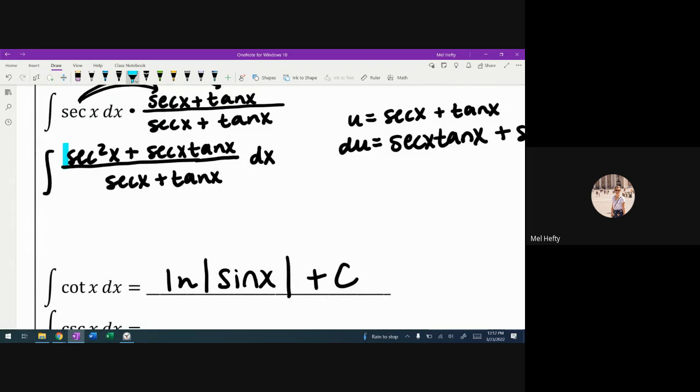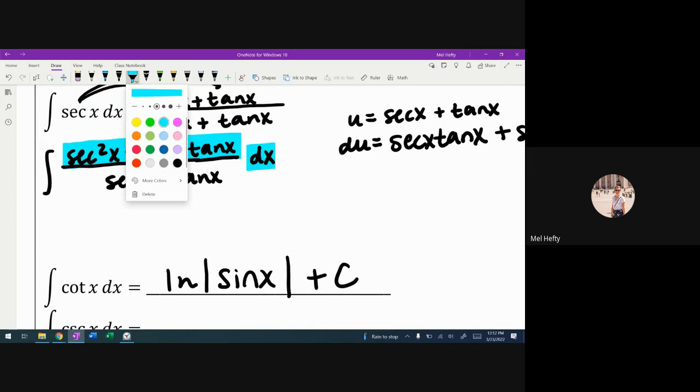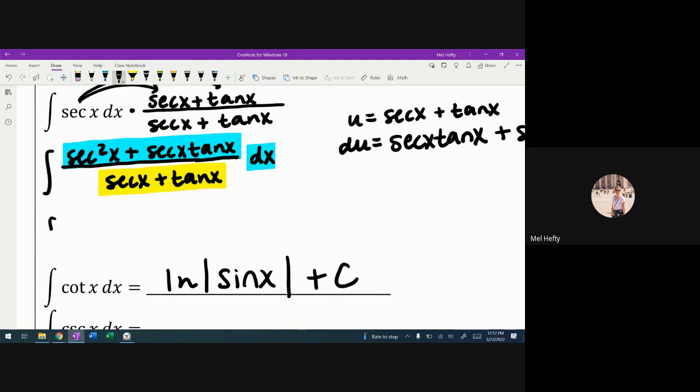So you're telling me all of this is du? Isn't it? And all of this is u? Yeah, it's du over u. Or if you wanted to write it, 1 over u du. We've now integrated this so many times. What's the integral of 1 over u? Natural log. Absolute value of u.